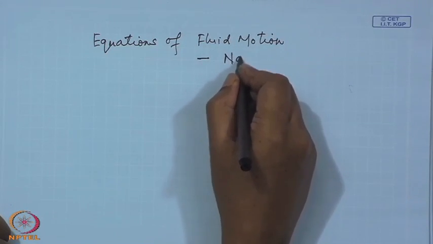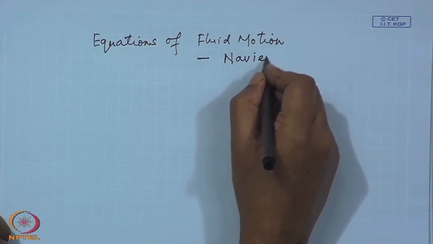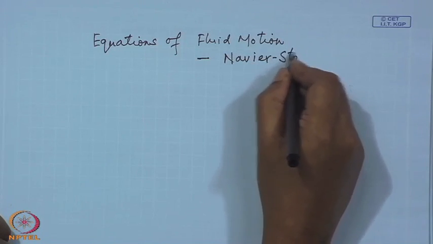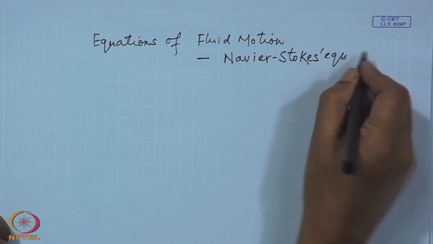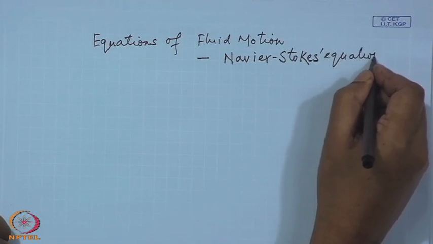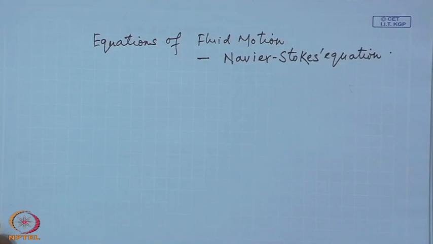And the equation that we are now deriving, as we mentioned, is known as the Navier-Stokes equations, because both Navier and Stokes derived these equations independently.